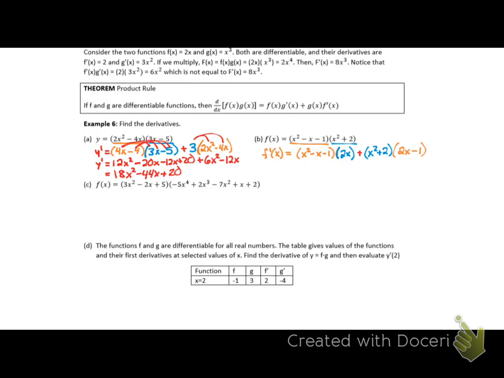And then for C, it looks super complicated because it's kind of long, but I'm not going to multiply everything out, so it's not going to be very complicated at all. So we have the first function times the second function. All right, so we have f prime of x is just the first function again, times the derivative of the blue function.